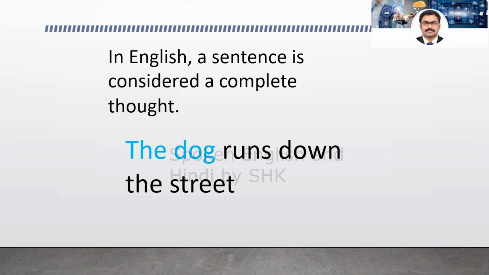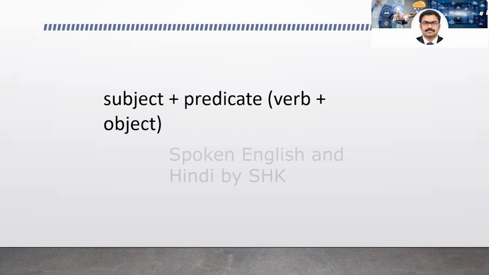So now you know how to make the basic sentence structure in English. It is just subject plus verb plus object, in this order. Other languages may move this order around, but in English, this is the order you should follow: subject plus verb plus object. And the verb and object we call the predicate.